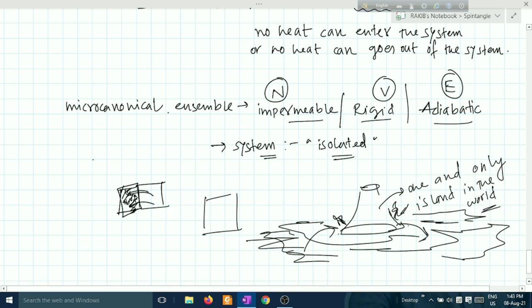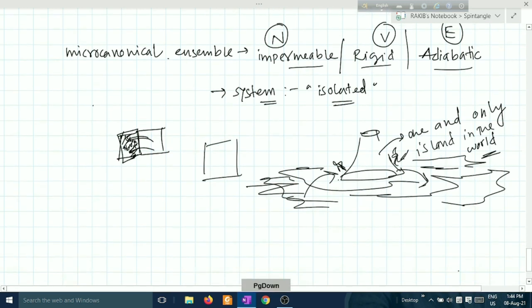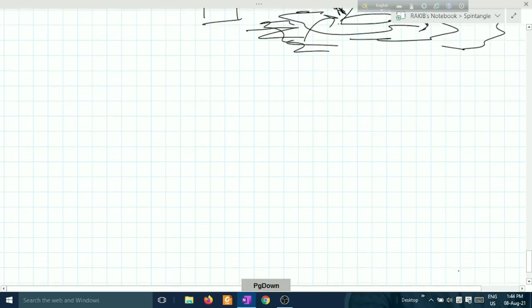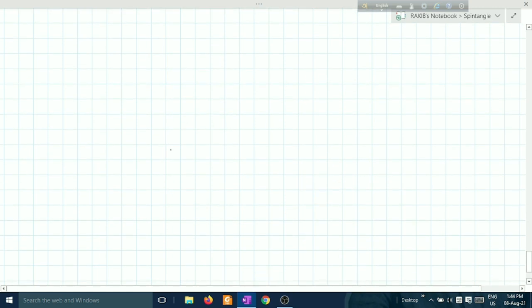No one can get off the island, or enter it. This is a brief preview of the microcanonical ensemble. Next, we go to the canonical ensemble.